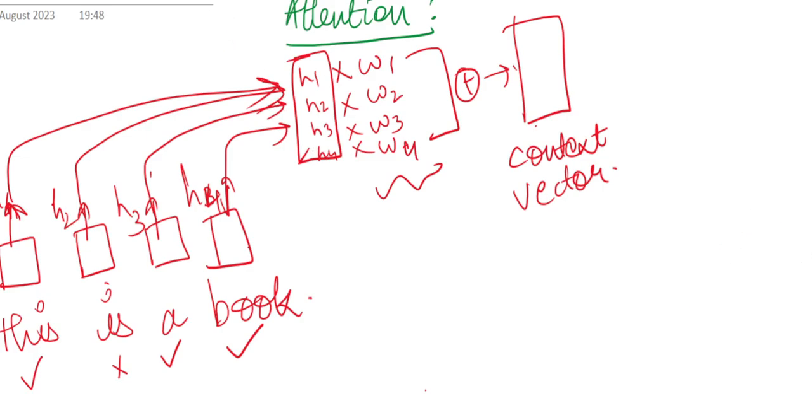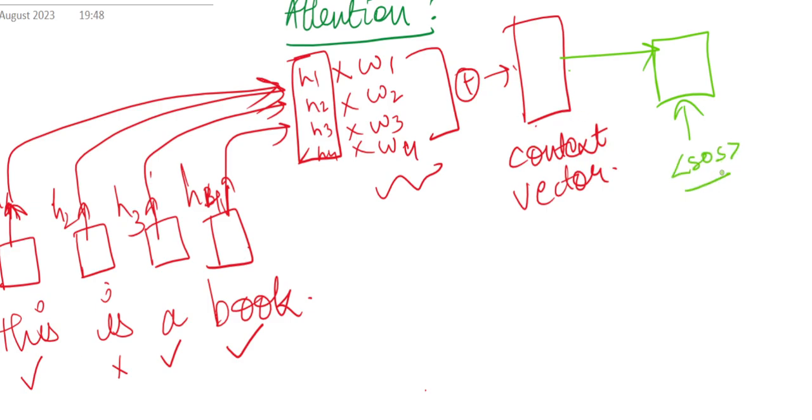Now, after the context vector is generated, where is it passed? It's passed into the decoder, right? The decoder also takes a starting symbol, SOS, as the input, and as output also SOS.